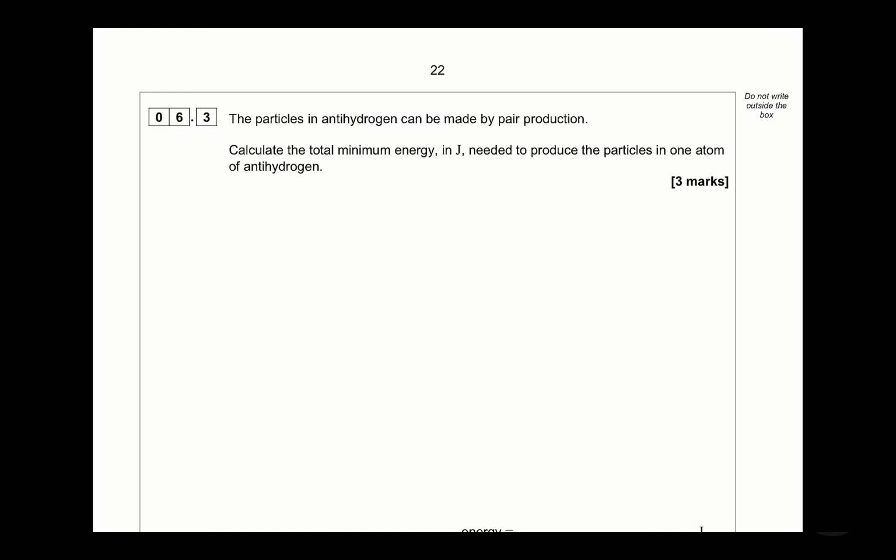So our rest energy is equal to 0.510999 plus 938.257. These are right from the data sheet.